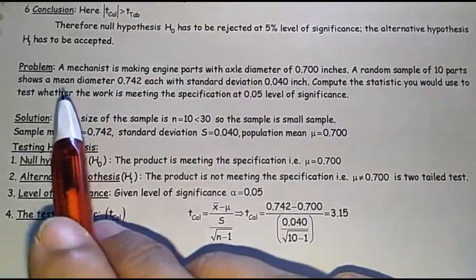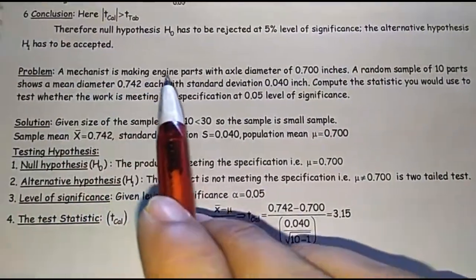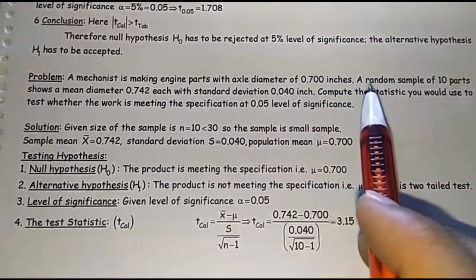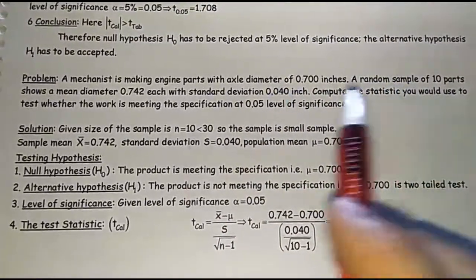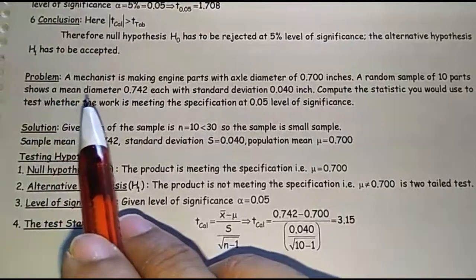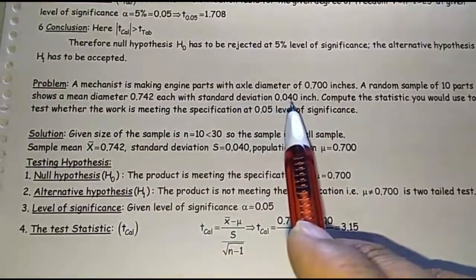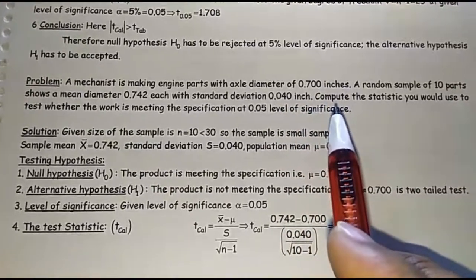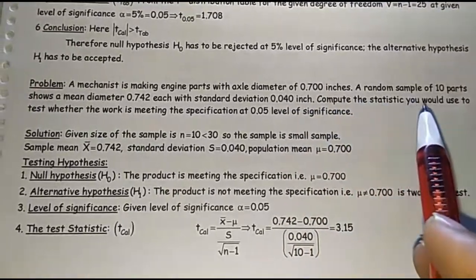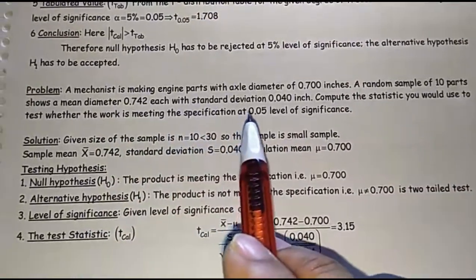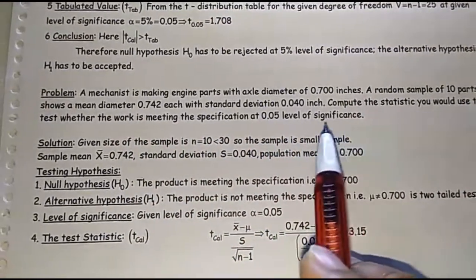Now take another example. A machinist is making engine parts with axial diameter 0.700 inches. A random sample of 10 parts shows a mean diameter 0.742 inches with standard deviation 0.040 inches. Compute the statistic you would use to test whether the work is meeting the specification at 0.05 level of significance.